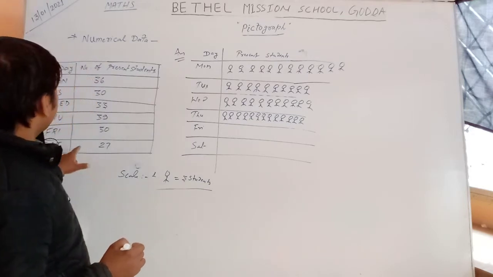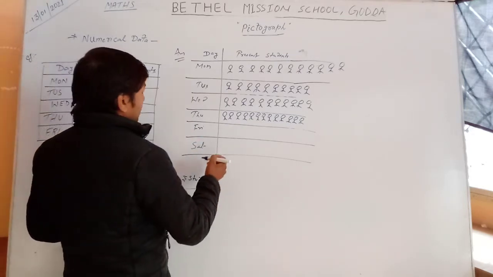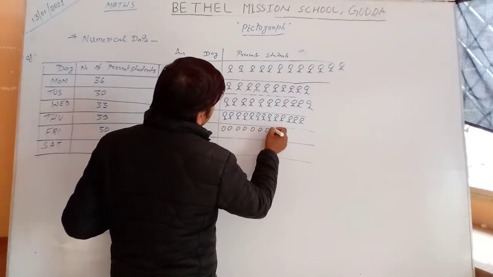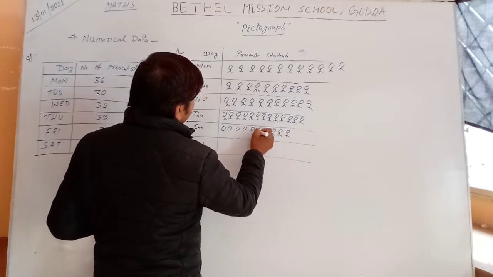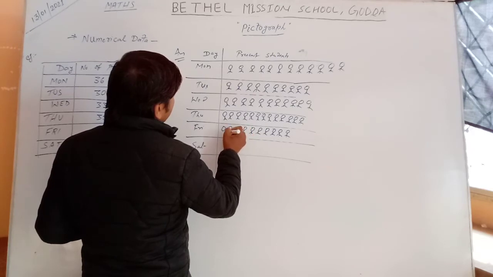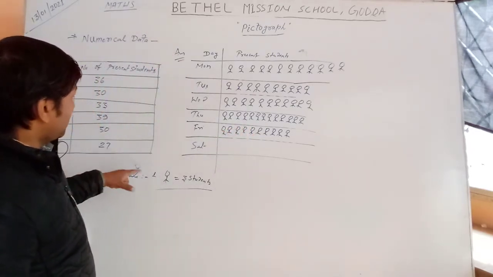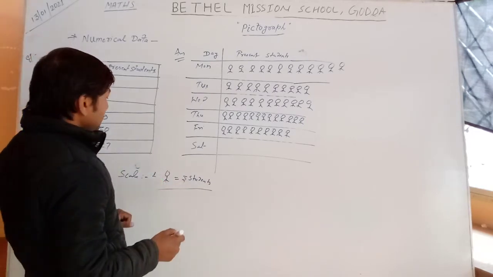And now Friday 30, so you have to draw 10. And Saturday 27 divided by 3 is 9.